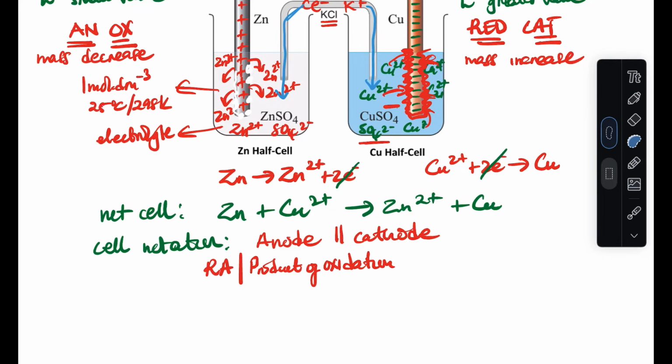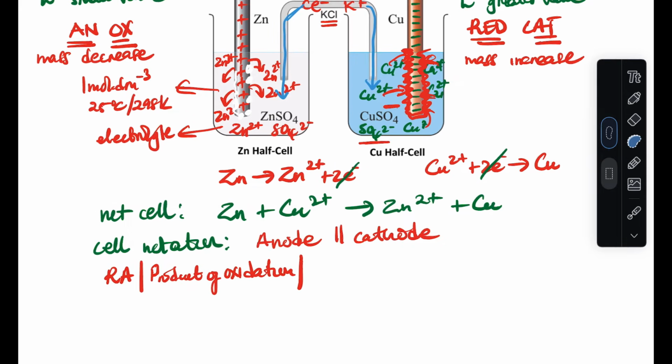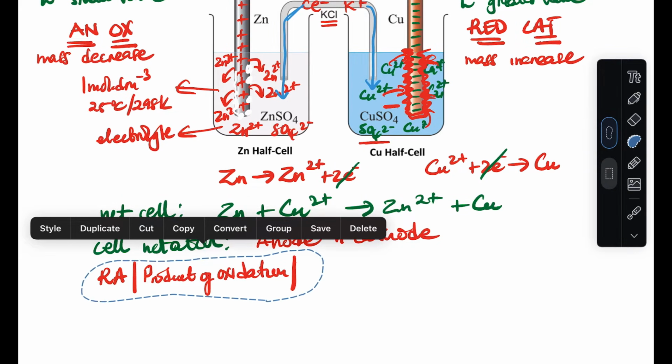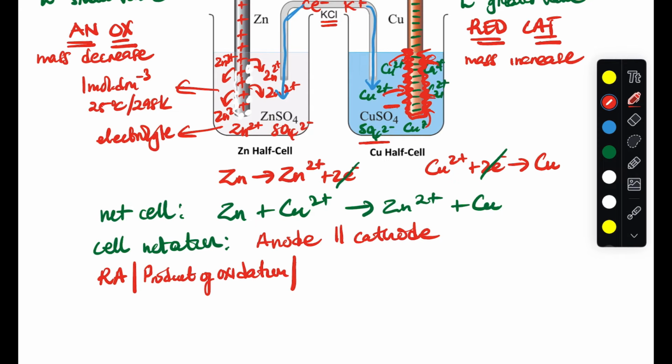What do I mean by the product of oxidation? Let me just write it, and I'll show you when I write an actual cell notation.